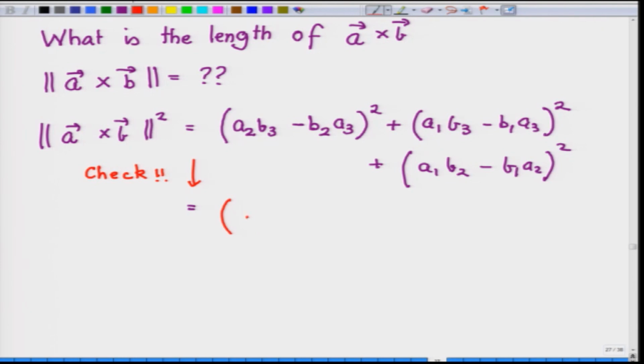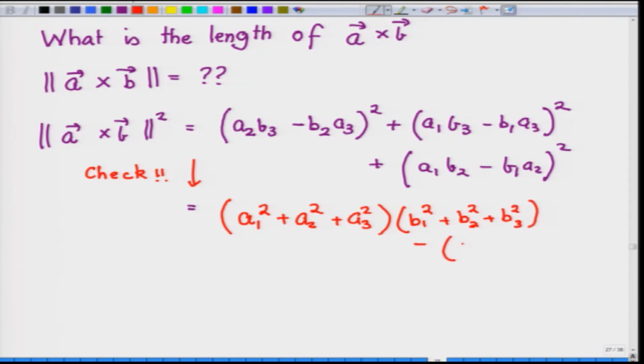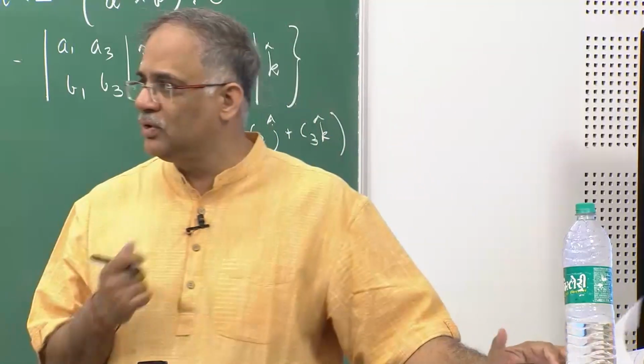That gives me (A1 square plus A2 square plus A3 square) into (B1 square plus B2 square plus B3 square) minus (A1 B1 plus A2 B2 plus A3 B3) whole square. This is a quite cumbersome computation, and because of the time constraint I am leaving it out and asking you to check it.